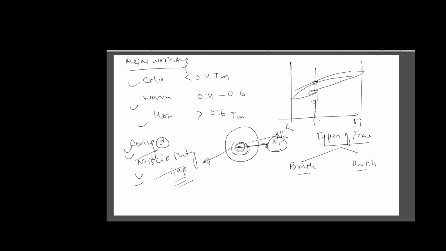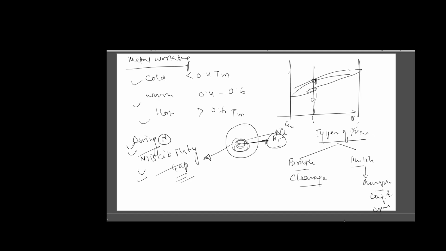In brittle fracture, there is crack propagation and cleavage, and in ductile fracture dimples will appear, with cup and cone fracture. Fracture can be intergranular, happening along the grain boundaries, or intragranular.